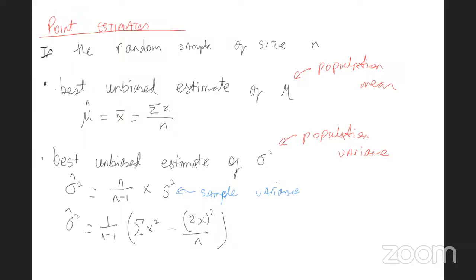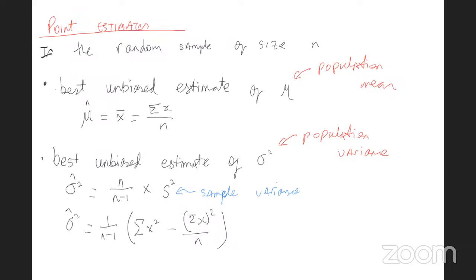The first version, you'll use if you have the sample variance. The second version is if you just have the sum of x squared and the mean. Okay, that's the first two, and there's one more.